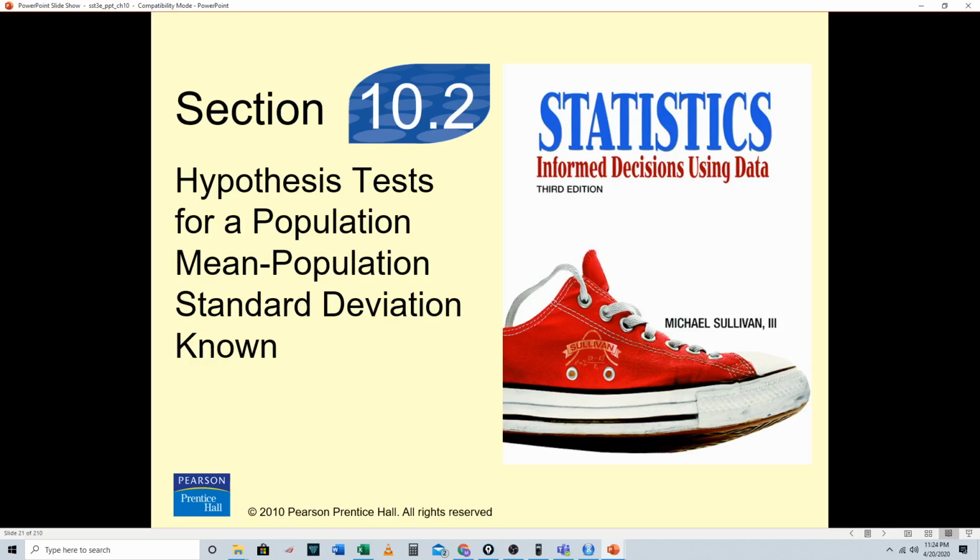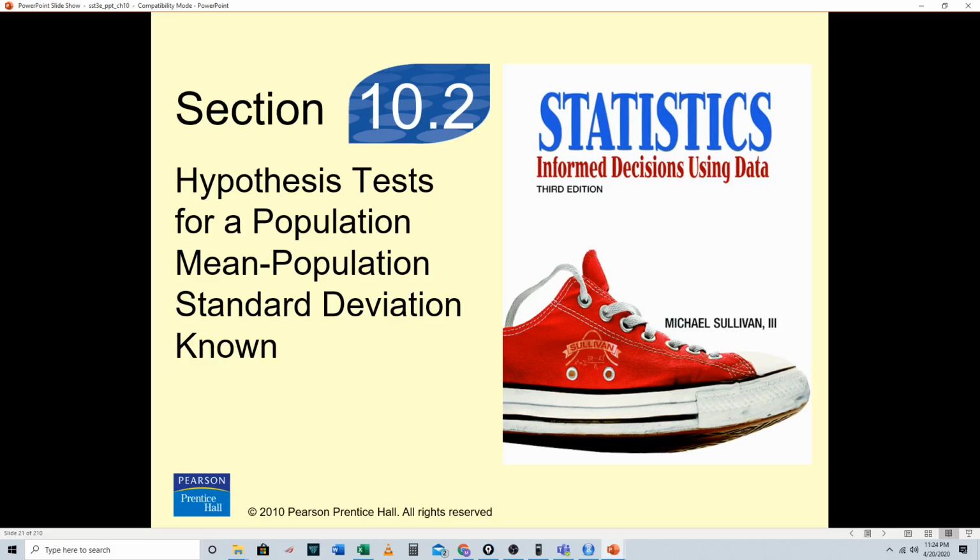Here's the thing. On every one of these, there are two ways to do the hypothesis test. And we spent the last few chapters figuring those ways out.